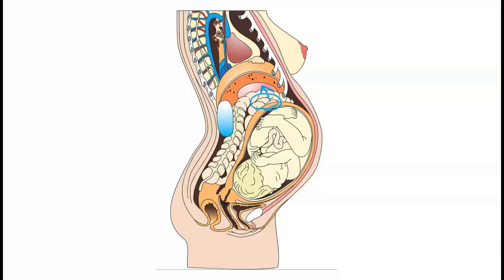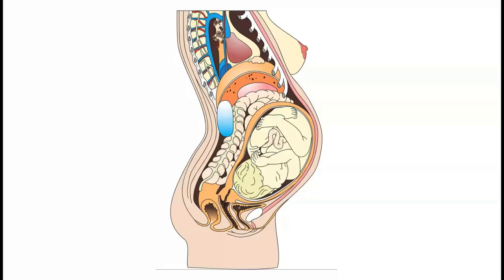So her stomach is being pushed, and that means that there's less room for it to expand. And so if things go into the stomach and if acid is produced in the stomach, there's a greater tendency for it to have sort of a backwards accumulation and start to scorch the esophagus. So it's not uncommon for women to get a lot of heartburn when they're pregnant for that reason.